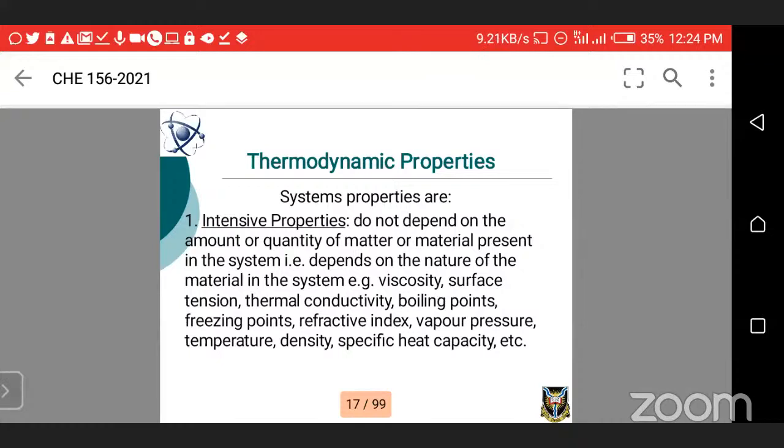So that shows that this property of the system is dependent on the nature of the matter in the system. Same thing goes for density and specific heat capacity.